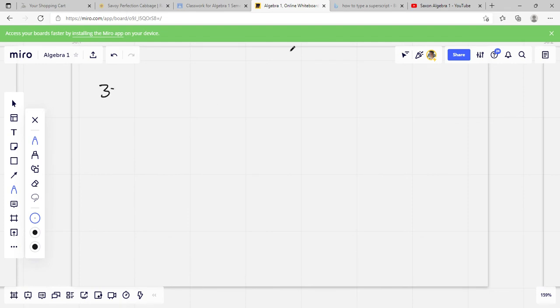30.1. It says 0.32 of what number is 24.32? So I'm going to say 0.32 of means times. We'll use n for number. Is 24.32. Now, this means 0.32 times n, right?